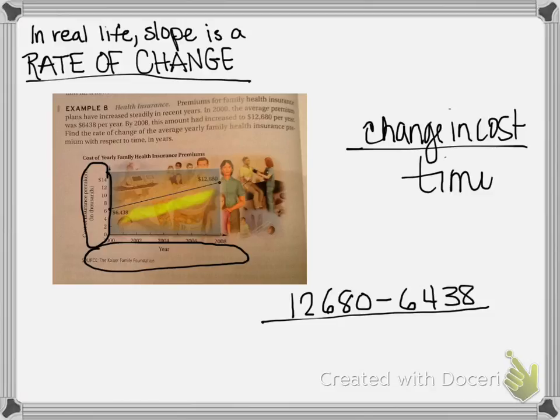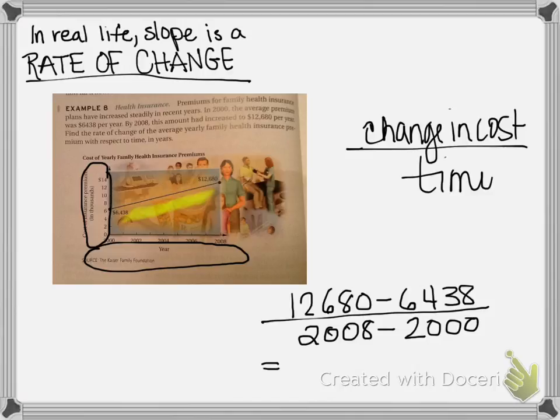And how many years have passed? Let's see. 12,680 was in 2008. See how I line up the ones that go together? Like if this is first on top, this has to be first on the bottom. Make sure that you do that. And then in 2000, so that's a total of 8 years.